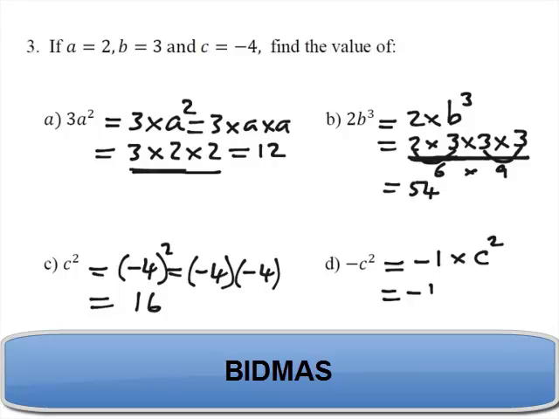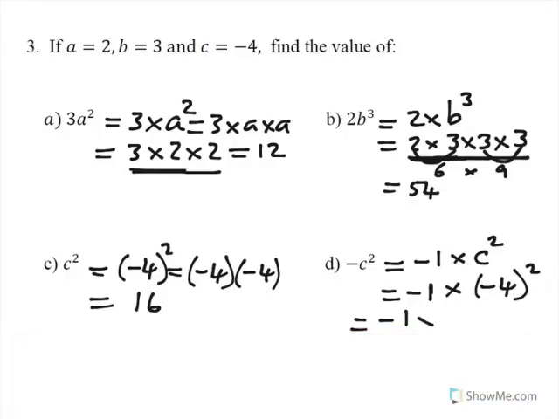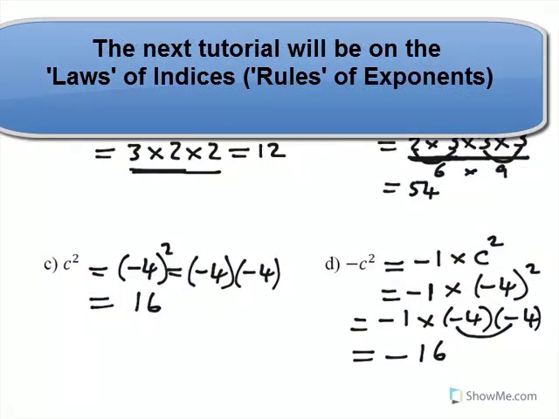So it's negative 1 times negative 4 squared, which is negative 1 times negative 4 times negative 4. 2 negatives make a positive. We saw that in the previous part. So you're left with negative 16.